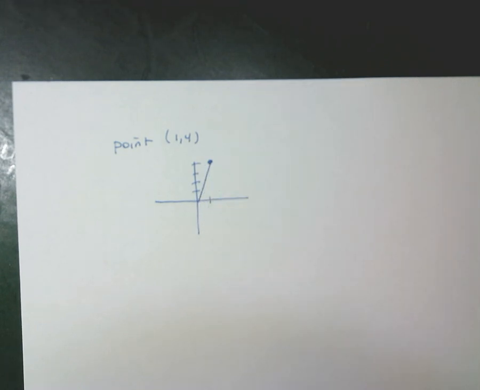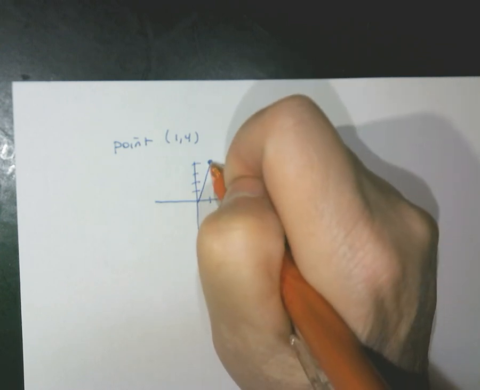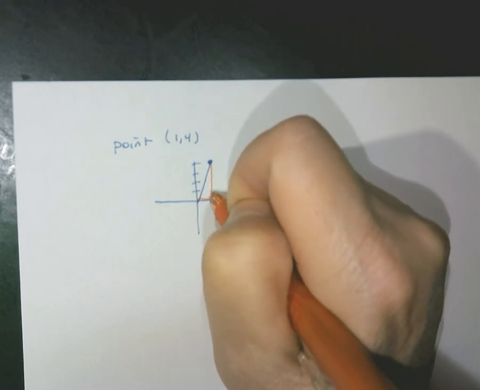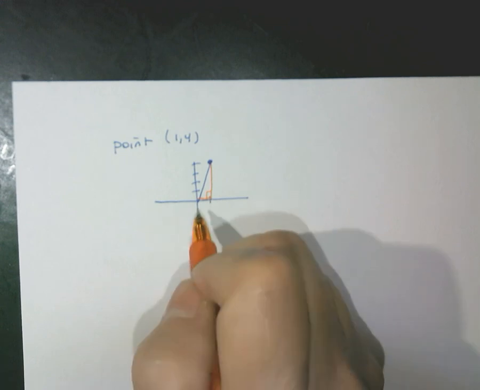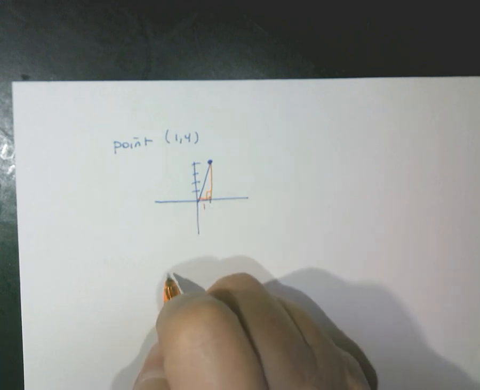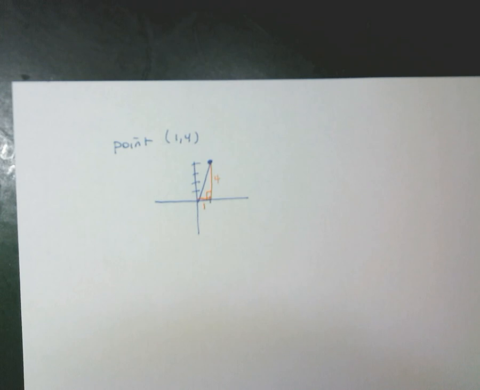And that's going to be the terminal side of this angle. Well, I need a right triangle to understand this better. So I'm going to create a right triangle. That means this distance here is 1. This distance here is 4.